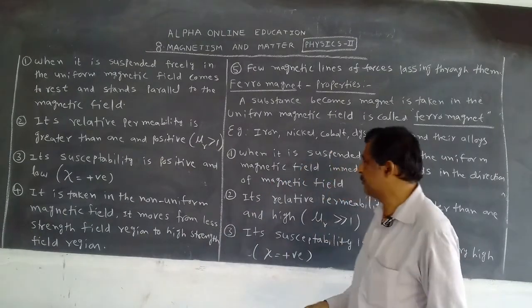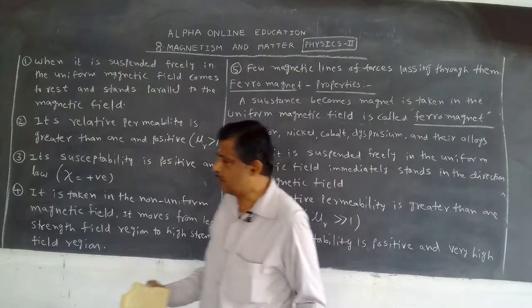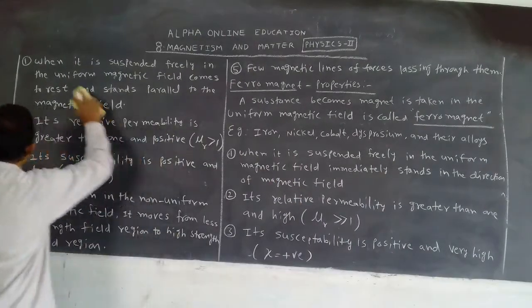This is the third property of the ferromagnet.